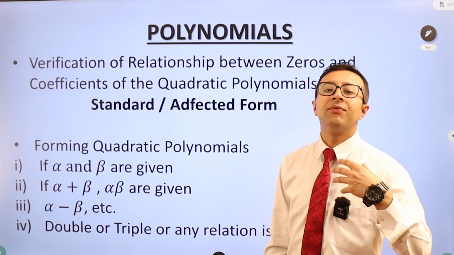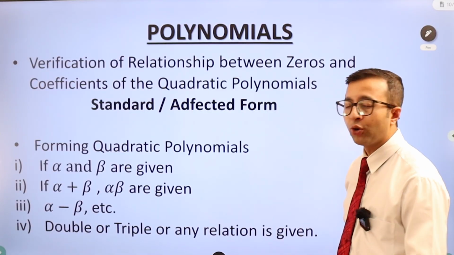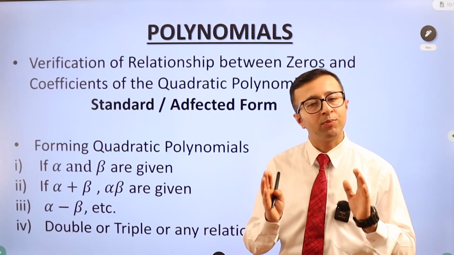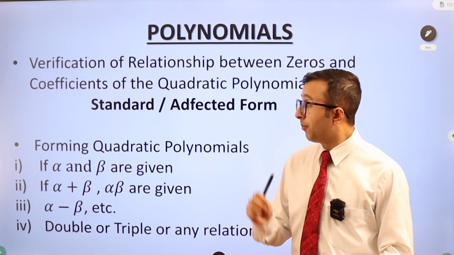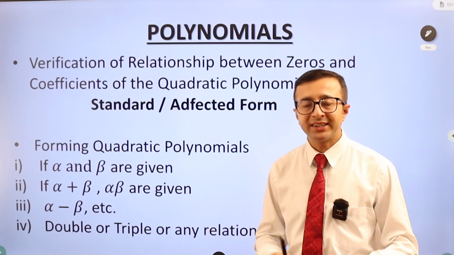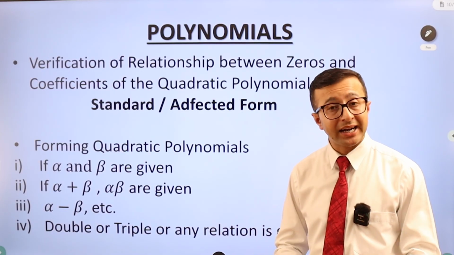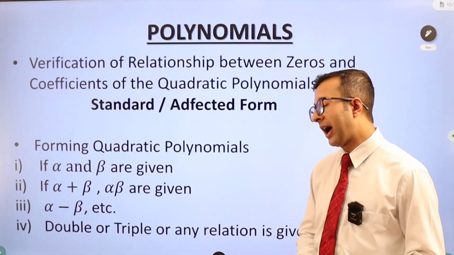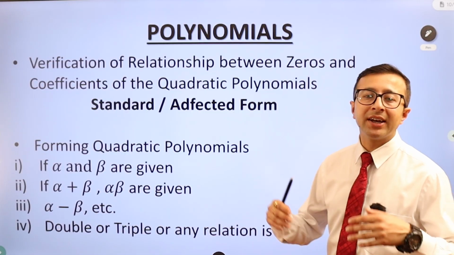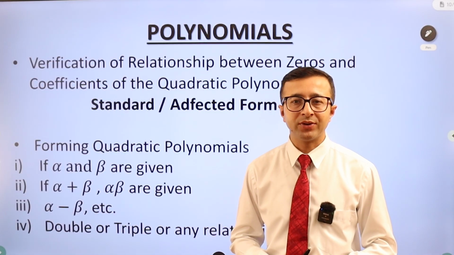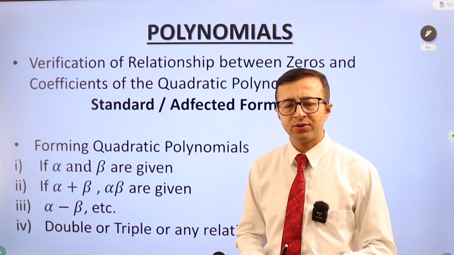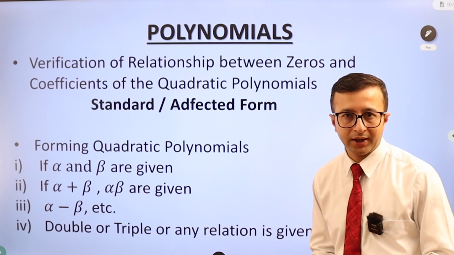Find the roots and verify the relationship between roots and coefficients only of quadratic polynomials. But that quadratic may or may not be in the standard form. From there, you have to find the roots and verify the relationship between the roots and coefficients. That means the sum of the roots is minus b by a, and the product of the roots is c by a.